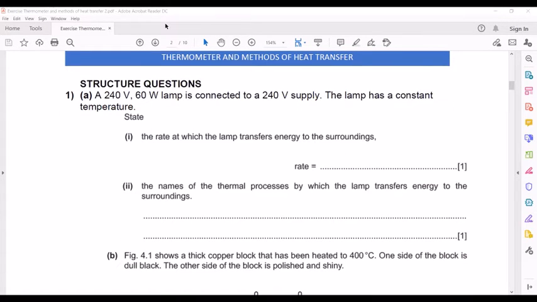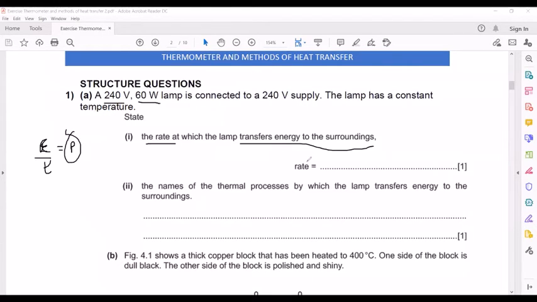Question number 1. A 60 watt lamp is connected to a 240 volt supply. The lamp has a constant temperature. What is the rate at which the lamp transfers energy to the surroundings? The rate of energy transfer, energy divided by time, what do we call it? We call it power.